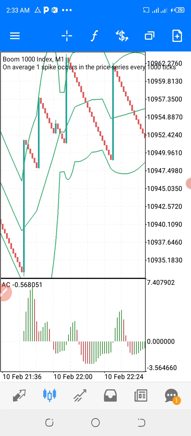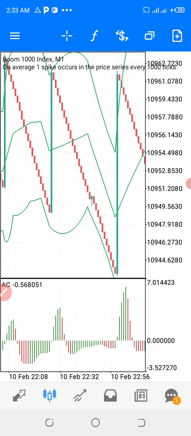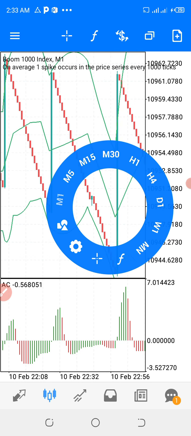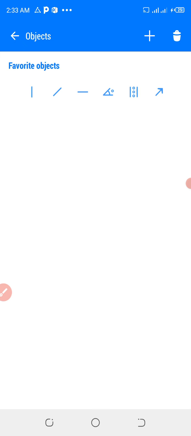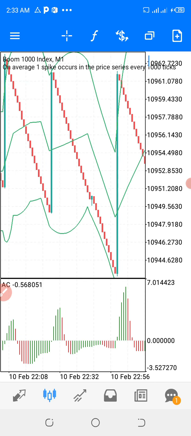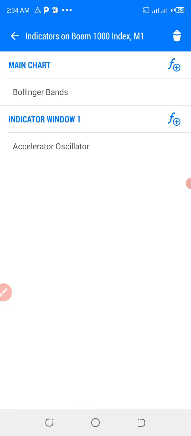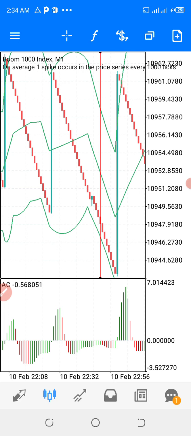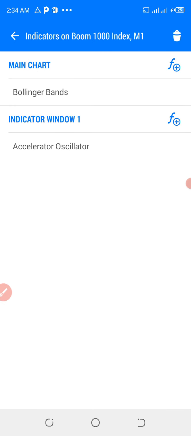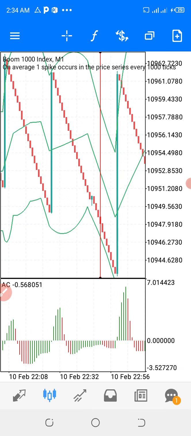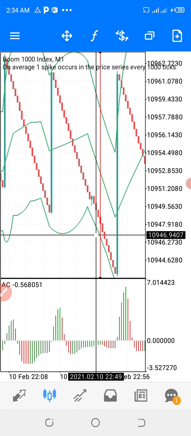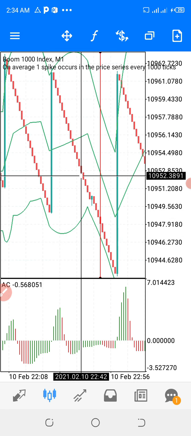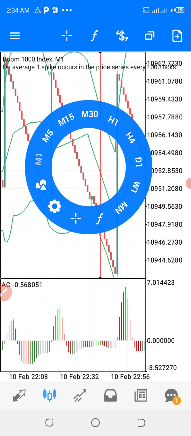So definitely here you'd have come out of the market somewhere here. Somewhere here you can come out of the market. So what I'm trying to say here is this.